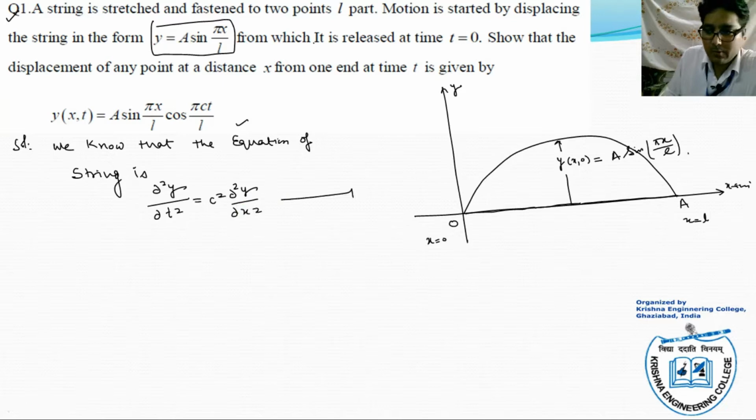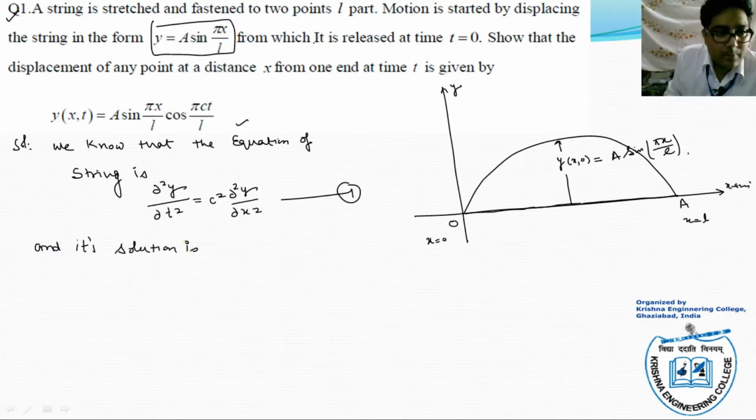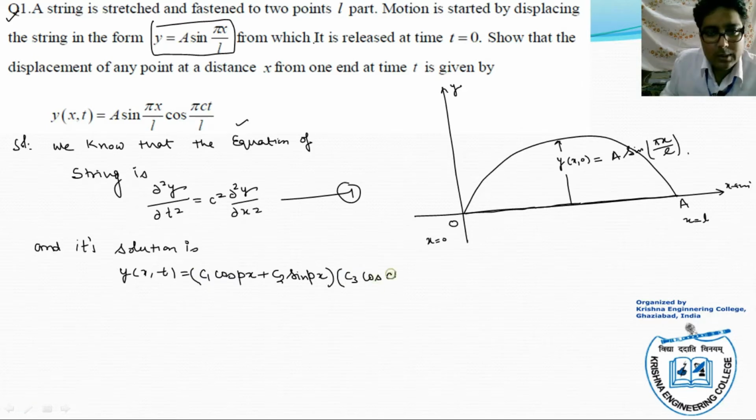This is the equation number first, and its solution is y x comma t is equal to c1 cos px plus c2 sin px into c3 cos cpt plus c4 sin cpt. This is the equation number second.